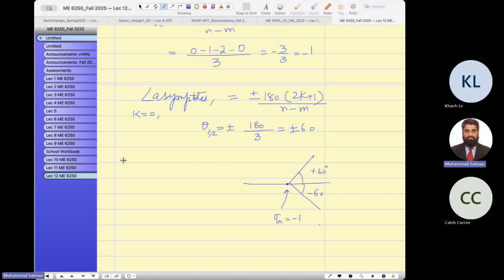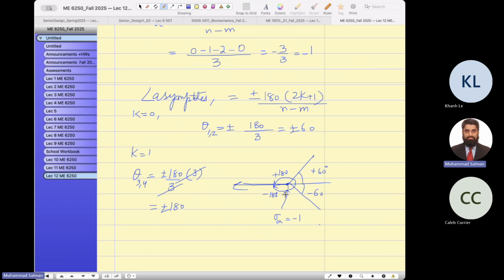So we need three lines. Let's do k equals 1. In that case, we will have another two angles: plus minus 180 divided by 3 times 3. Agreed? 3 is cancelled by 3. So plus minus 180, that line starts from here, plus is going here. So plus 180, negative 180.